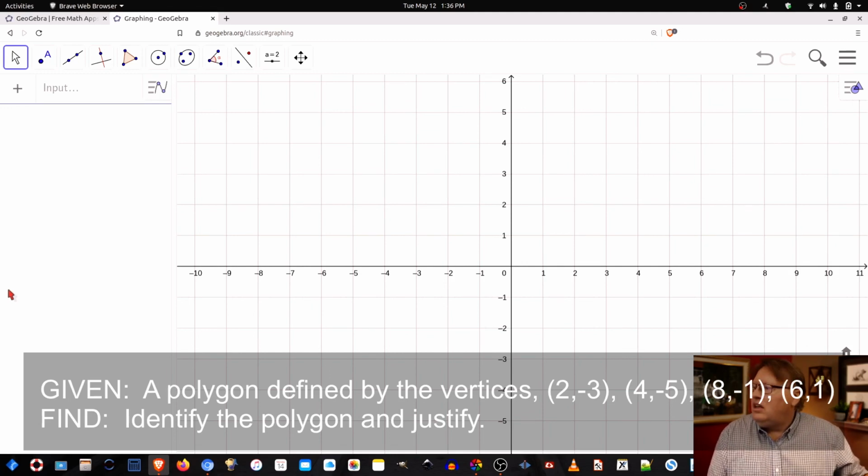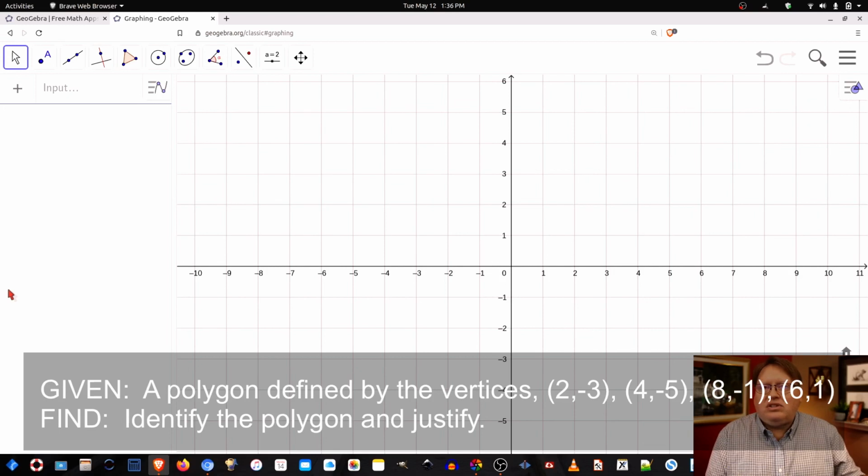Okay? So we have the problem: a polygon is defined by the vertices (2, -3), (4, -5), (8, -1), and (6, 1). Okay? So if you want to pause the video right now, use GeoGebra to plot those vertices. I'll put them on the screen here shortly.